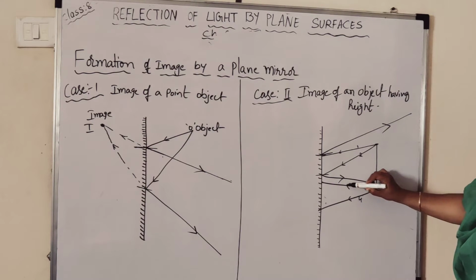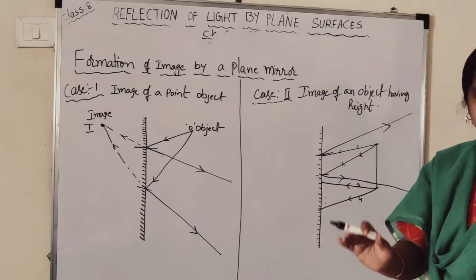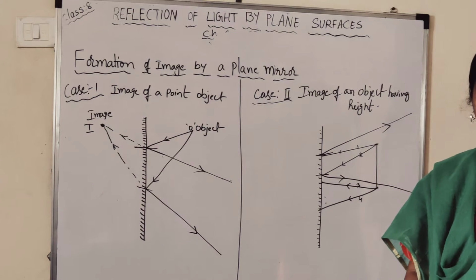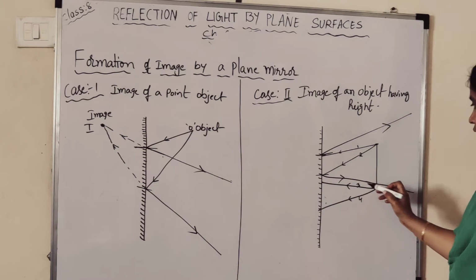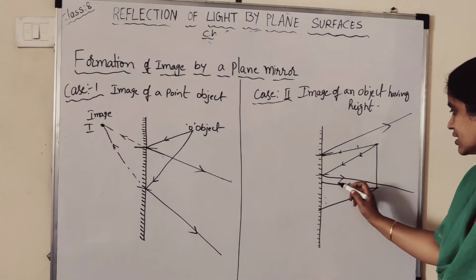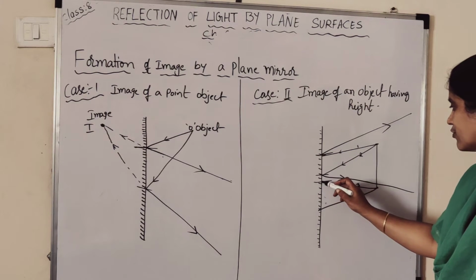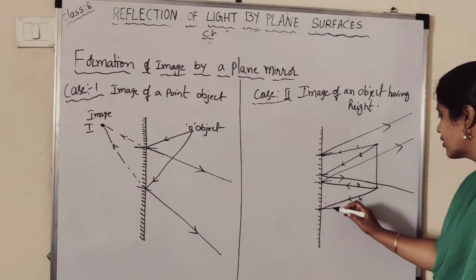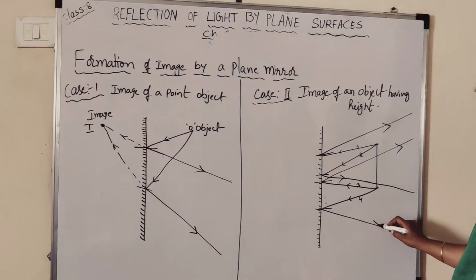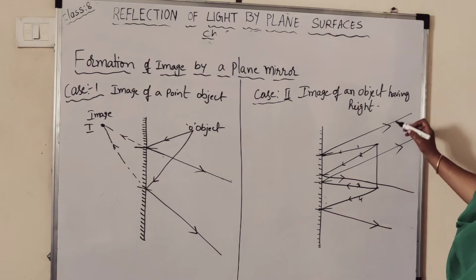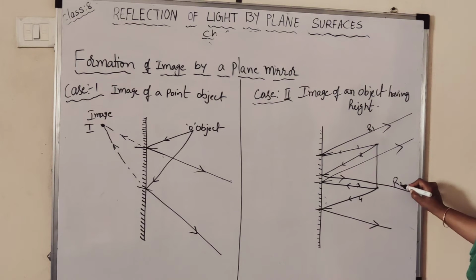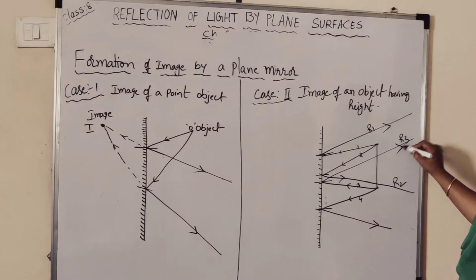If the arrow marks are towards the mirror, they are incident rays. If the arrow marks are away from the mirror, they are reflected rays. So don't confuse that. Now if you take ray 3 and draw a normal, reflection takes place, and likewise for ray 4. These are reflected ray 1, reflected ray 2, reflected ray 3, and reflected ray 4.